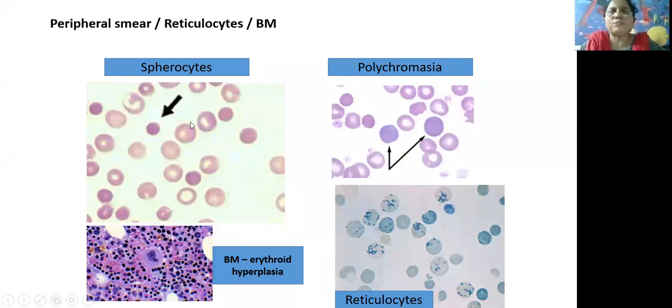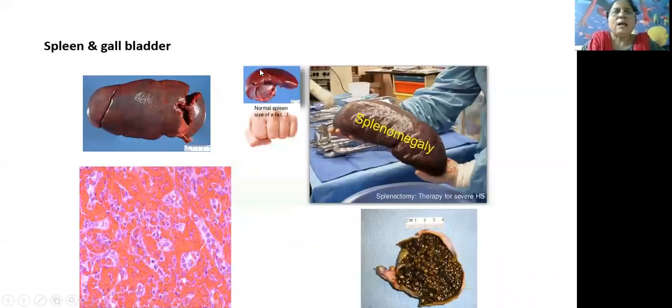Understood? Spherocytes, polychromasia, reticulocytosis, bone marrow erythroid hyperplasia. These are the findings. And spleen. This is a normal spleen, size of a fist, but this is a huge spleen. And sometimes the spleen tends to rupture in life.